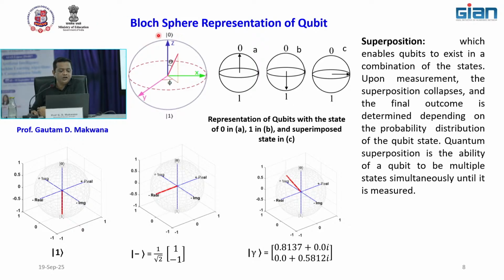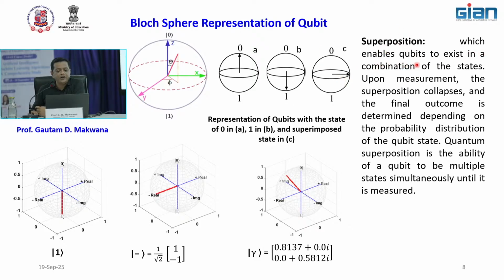So this is ket 0 and ket 1. Like this way, this is how state 0 can be represented in a single qubit. This is the representation of the 0 bit, this is the representation of the 1 bit, and this figure represents the superposition of 0 and 1. So what is superposition here?